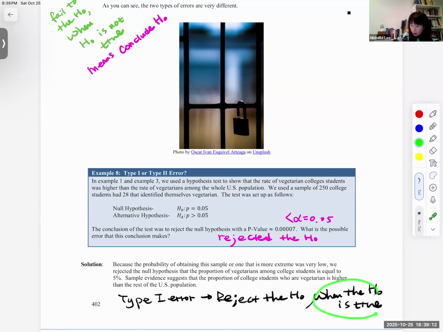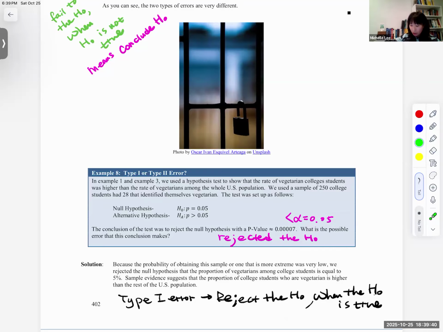So we're using this one, right? When the null hypothesis is true but actually it is not true, that's why we rejected the null hypothesis. Make sense? Okay, we focus on this one, not this one. Don't get confused with that. Rejected, rejected. Make sense? Good.